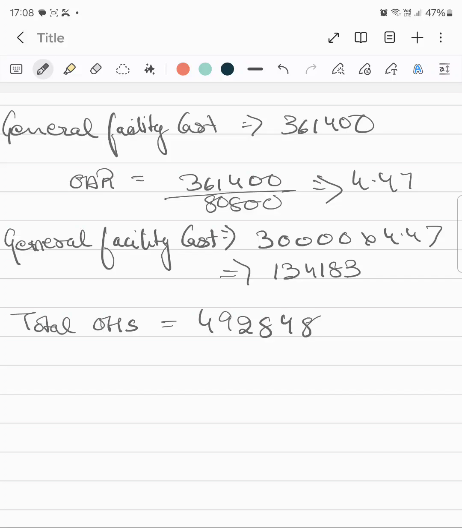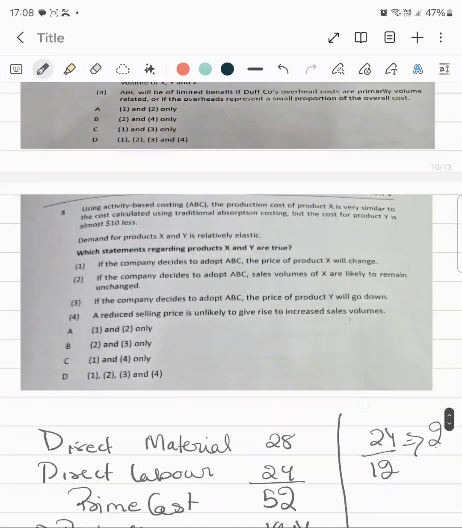Okay, so what is the overhead cost per unit for product X using activity based costing? Now I have calculated total overheads.